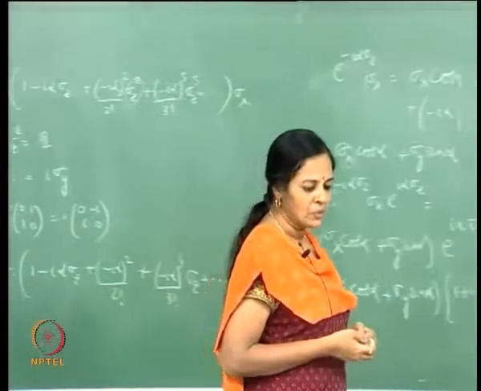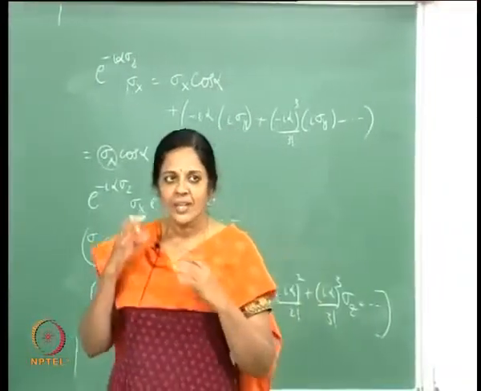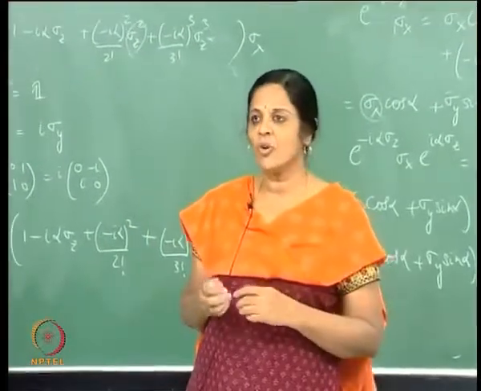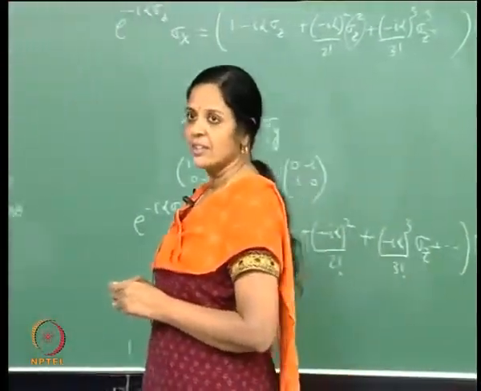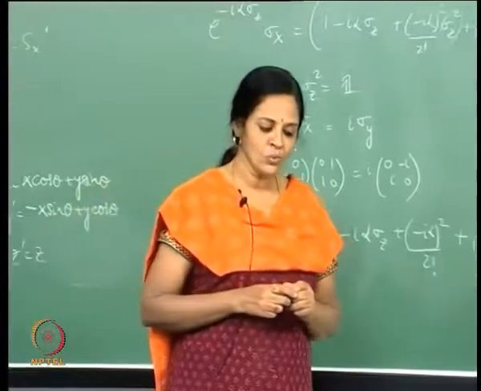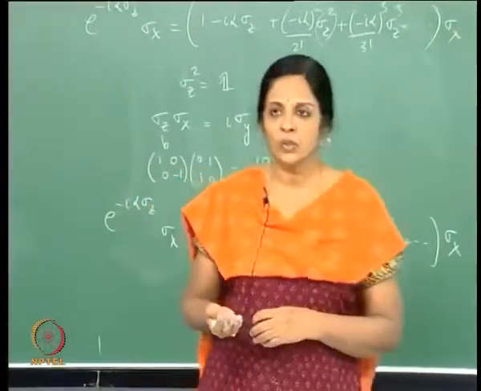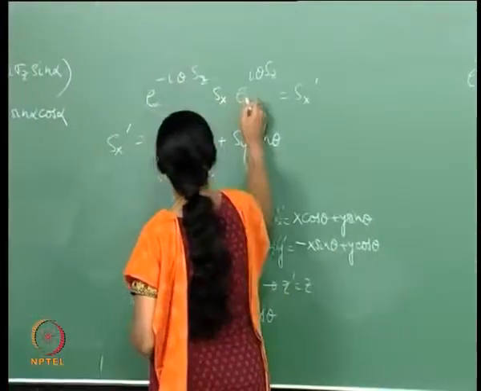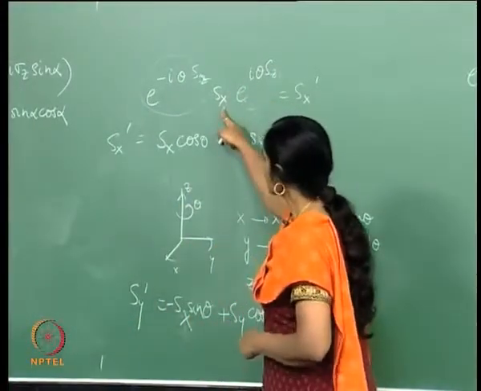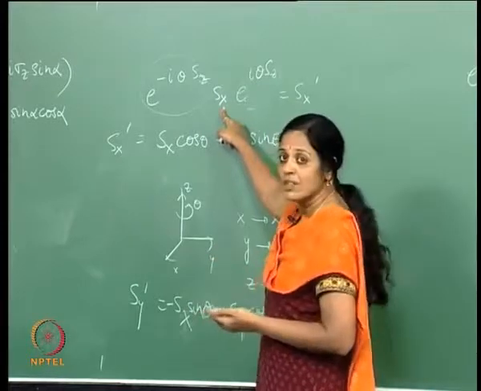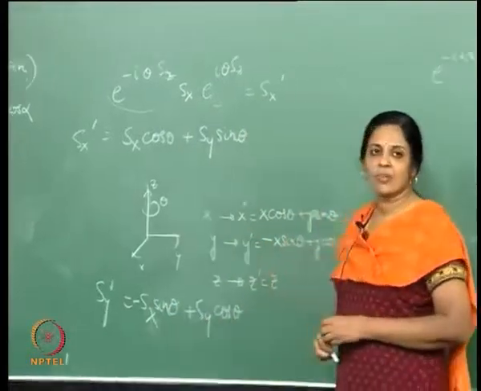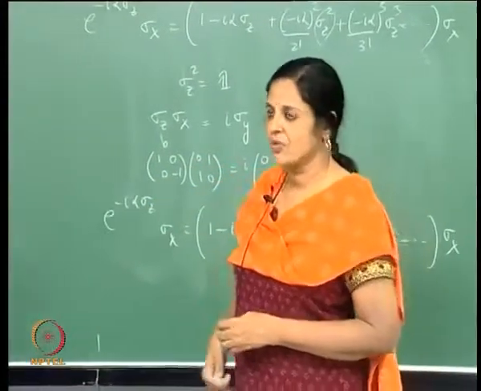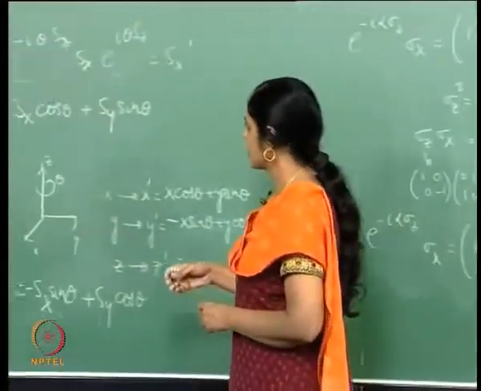What I have shown you now is simply this, that Sx, Sy and Sz transform the same way as x, y and z do under a particular transformation. Under this unitary transformation, Sx transforms like the x component of a vector, Sy transforms like the y component of a vector. Similarly, you can show that Sz transforms like the z component of a vector.